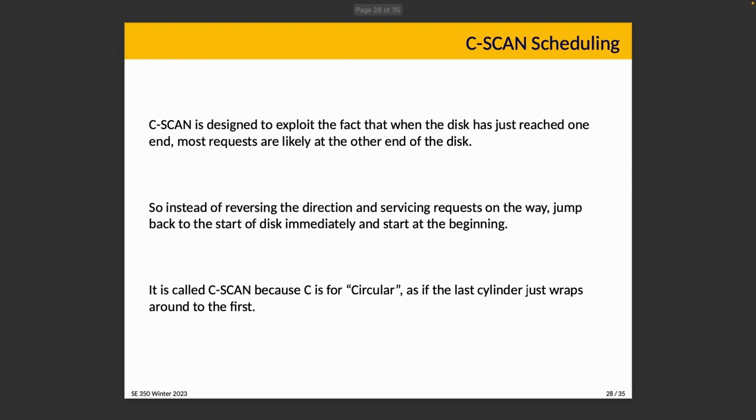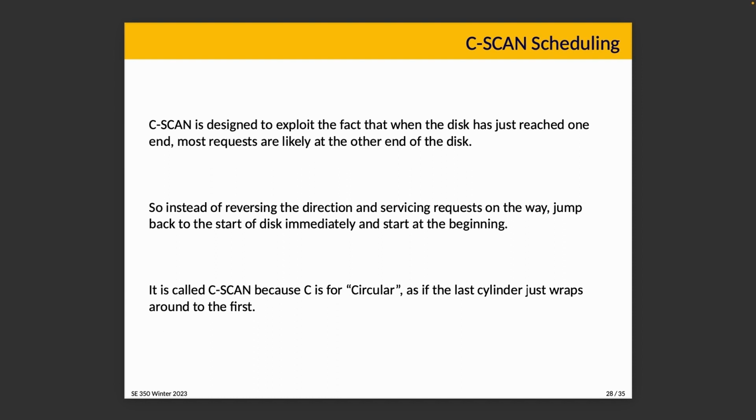You might have also noticed here that when we finish at one end of the disk, like we made it up to 183 and then go up to 199, if there are requests outstanding, they're likely to be at the other end of the disk, right? If something was nearby, we probably got it already, so it's likely that whatever we've just finished in this area is now done, and requests have been accumulating at the other end of the disk.